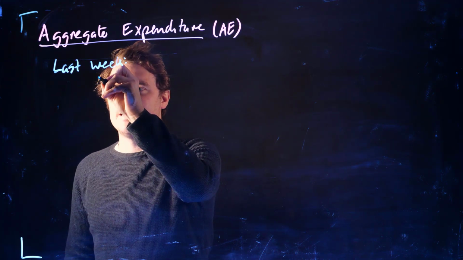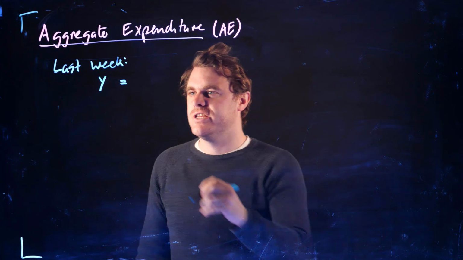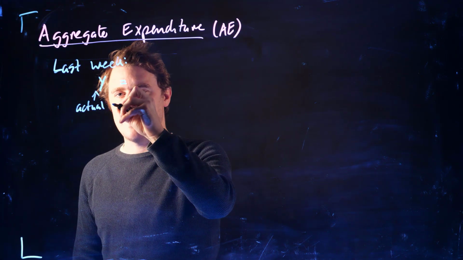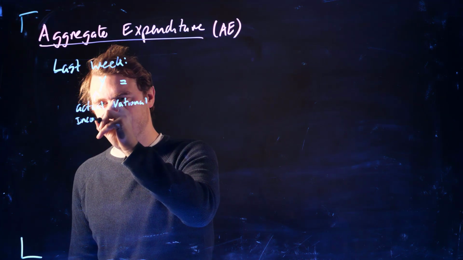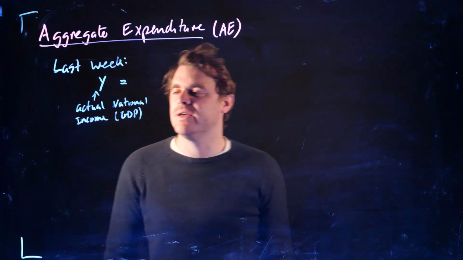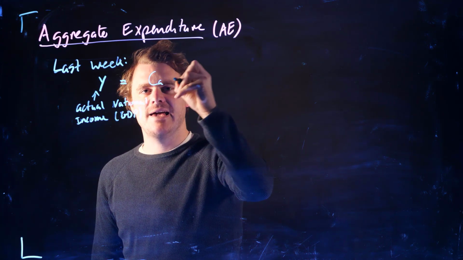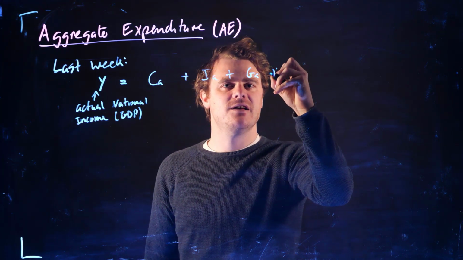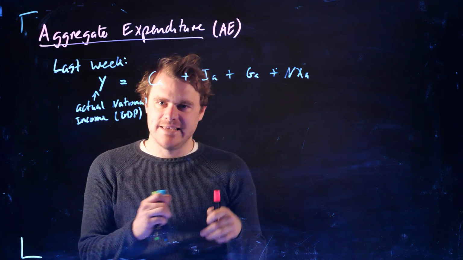And if you remember, we came up with this equation, or this definition, that actual national income, or GDP, or output, however we want to call it, they're all the same thing right now, was equal to CA plus IA plus GA plus NXA, where these A's indicated the actual amount.